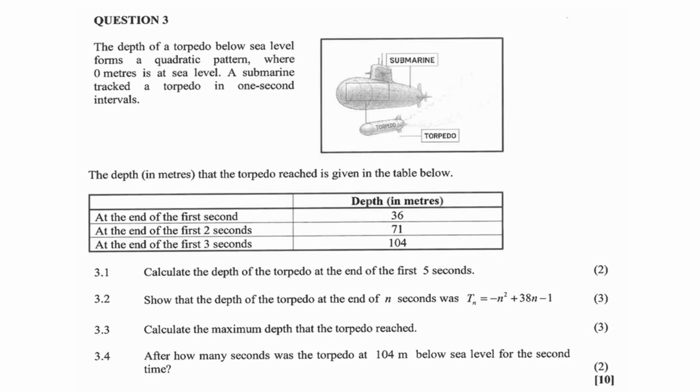Show that the depth of the torpedo at the end of n seconds was Tn equals negative n squared plus 38n minus 1. 3.3. Calculate the maximum depth that the torpedo reached. And 3.4. After how many seconds was the torpedo at 104 meters below sea level for the second time?